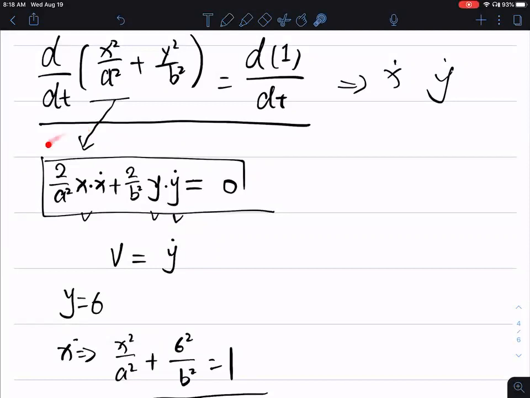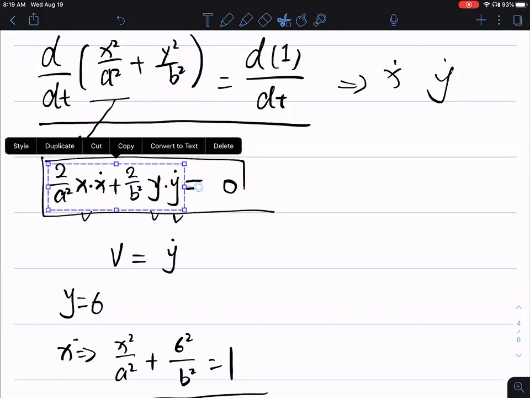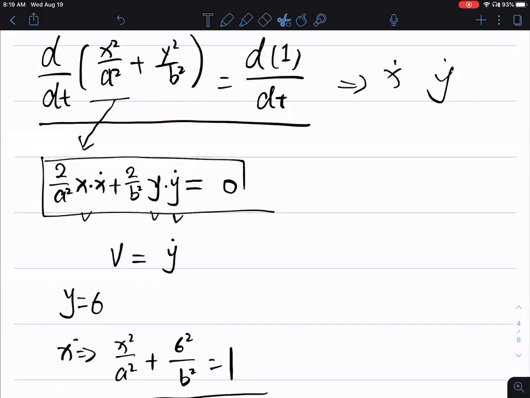Since we already did the first time derivative for this equation, we end up with this. If we take the derivative of this equation again, we should end up with x double dot and y double dot. Let me copy this.